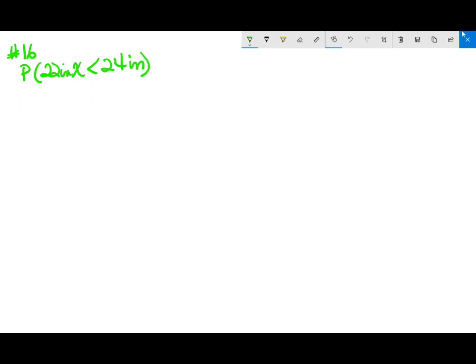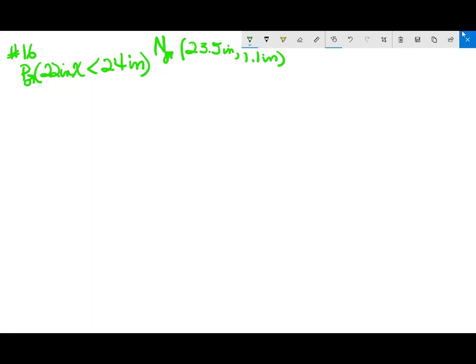And this is for a male. We know that the males have a normal distribution, and I'm just using the Latin symbol for male, and the mean is 23.5 inches, and the standard deviation is 1.1 inches.